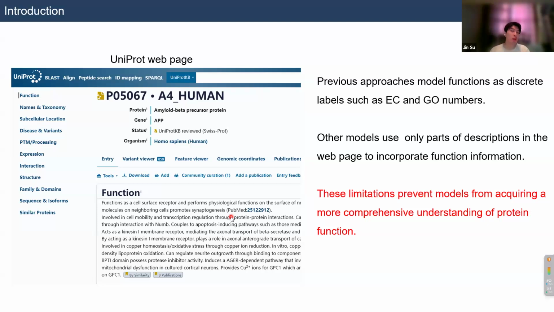Besides, some other models use parts of the descriptions in the UniProt web page to incorporate protein function. For example, ProtST or ProteinDT, or this year we have many of these cross-modality models like ProteinCLIP or some other baselines. But these models only use parts of the descriptions in the UniProt web page.